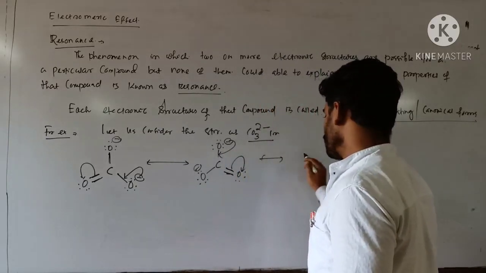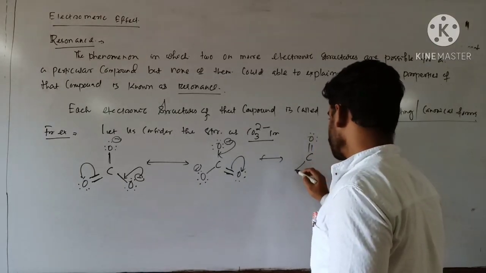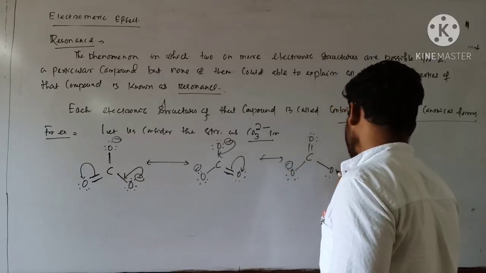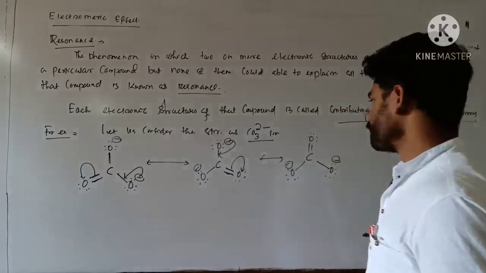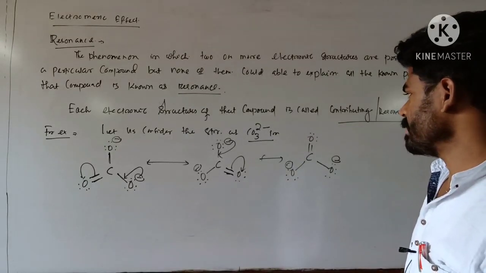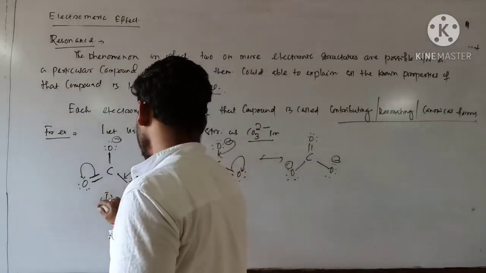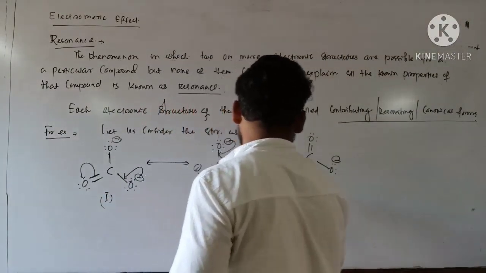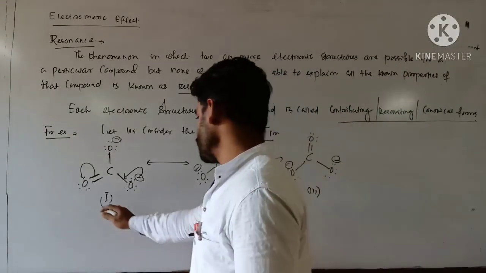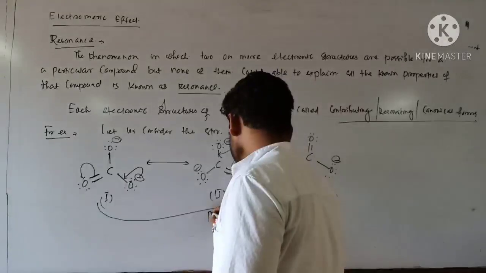So what you will get? C double bond O, again this one is oxygen minus, again this one oxygen minus. Clear? So likewise, how many structures have you got over here? 1, 2, 3. So these three structures are known as your resonating structures.